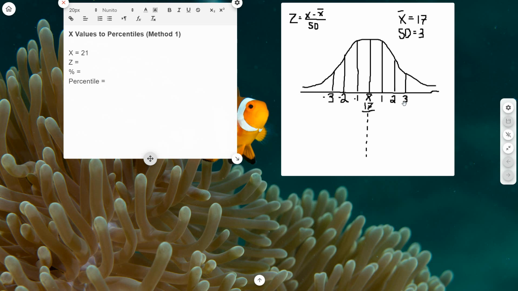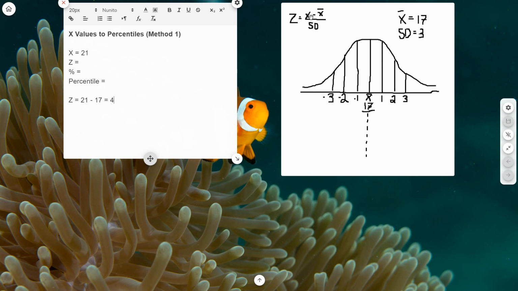I'm going to do my work on the left-hand side. To find a z-score, starting with an x value of 21, I'm using this formula right here. The x in this case is 21. We're going to subtract from the x the mean, which in this case is 17. If we subtract 17 from 21, we're going to end up with 4.